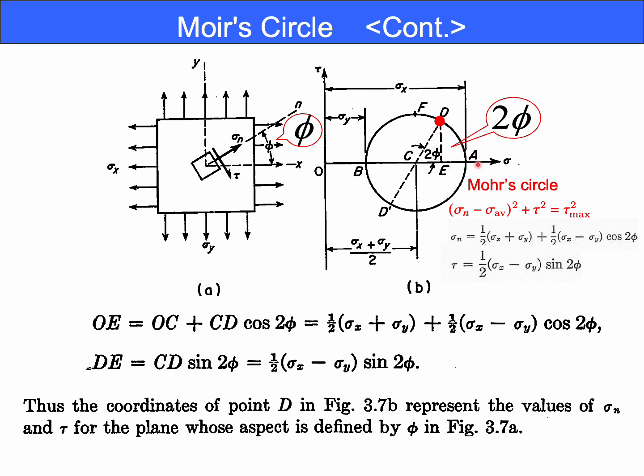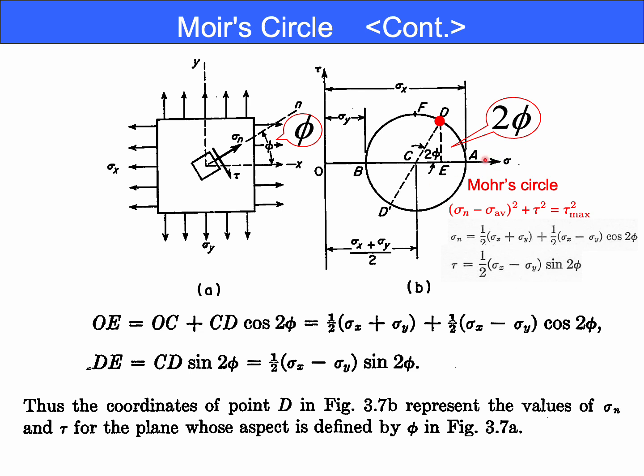When phi varies from pi over 2, 90 degrees, to pi, 180 degrees, the stresses are sigma n and tau, which leads to the expression for complementary stress as phi continuously changes from pi over 2 to pi.